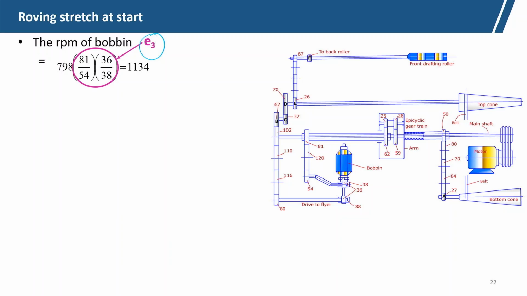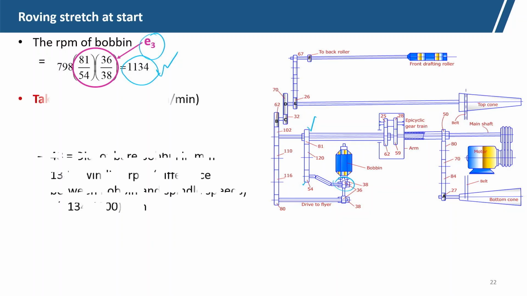The 62 speed and 81 speed are the same. So, 81 divided by 54 and here 36 by 38. So, we are getting the bobbin RPM of 1134 at the starting point, at the starting of the bare bobbin.